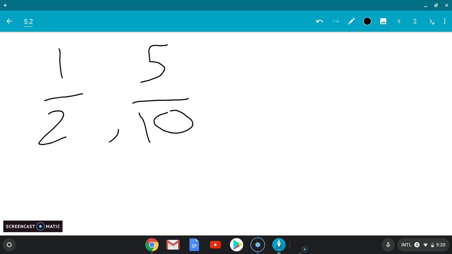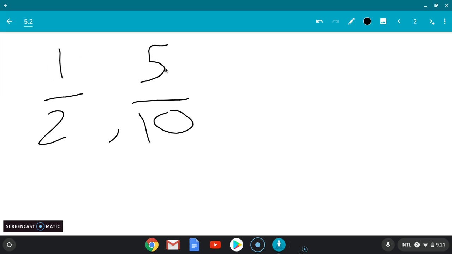Well, basically, when you have 2 ratios, which are like fractions, if they can be simplified down to the same fraction, they are proportional. So in this case, 1/2, we can't simplify that any further, right? Whenever you have 1 in your numerator, your fraction is fully simplified. 5/10, though, we can simplify.